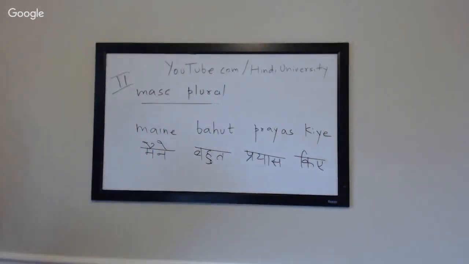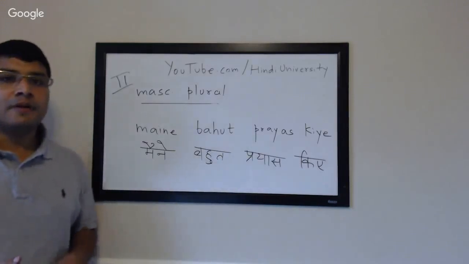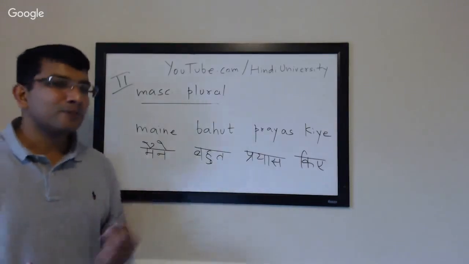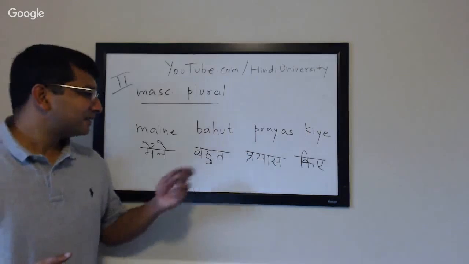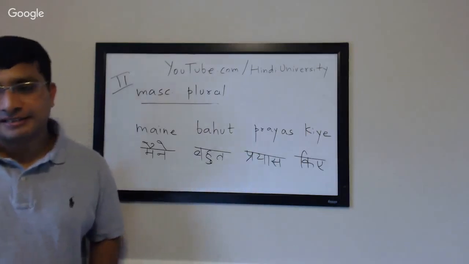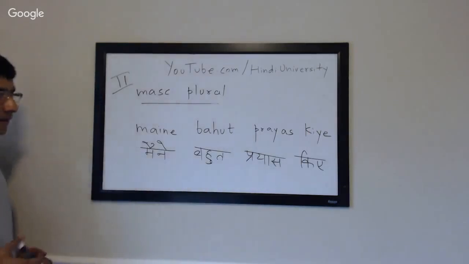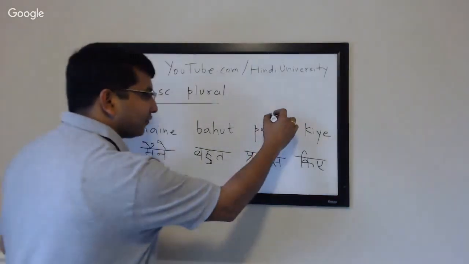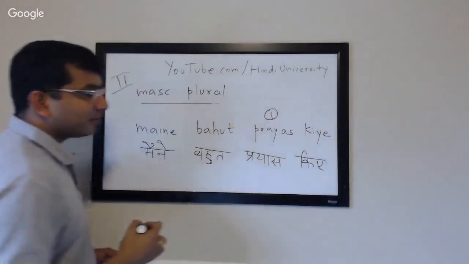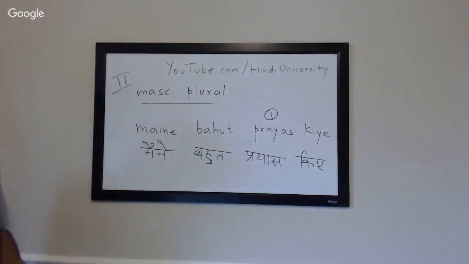Let's say somebody is using the sentence for you, मैंने बहुत प्रयास किए, and you don't know some of the words in the sentence. How will you dissect it? If I'm reading your mind correctly, first of all, you will ask what does prayas mean?